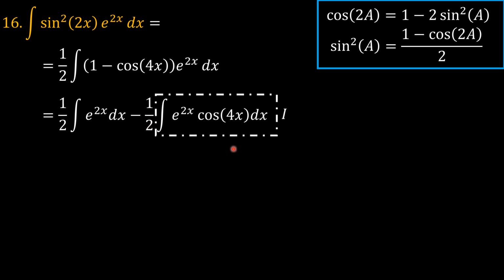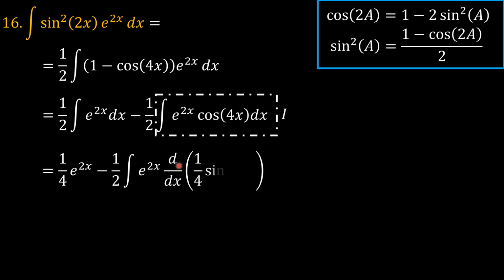So the first integral is a straightforward integral. The second integral, we're going to have to use a cyclical approach, and that's why I'm looking forward to that, and I have dubbed the initial integral as I. And so our first integral here is the same as a quarter e to the power 2x minus a half e to the power 2x times the derivative of sine of 4x over 4.